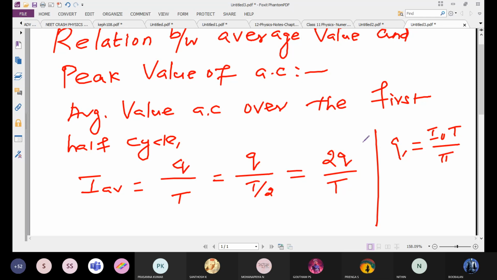Listen everyone, over one complete cycle, the value of Q is 0. But half of the cycle, first half of the cycle, Q value is equal to I naught T divided by pi. So apply the values.